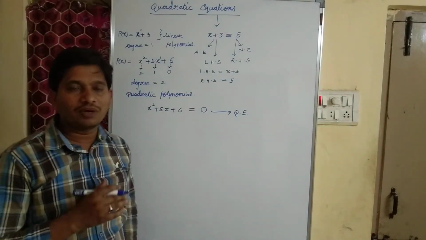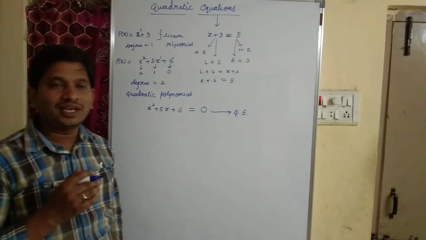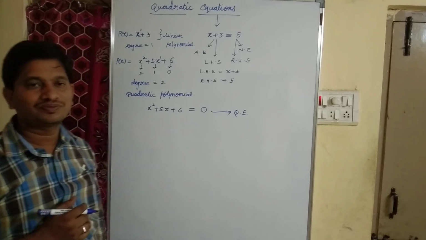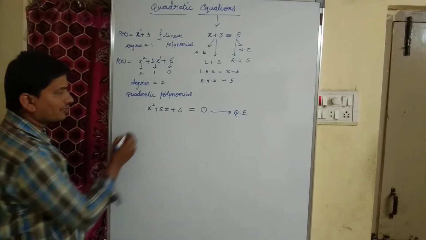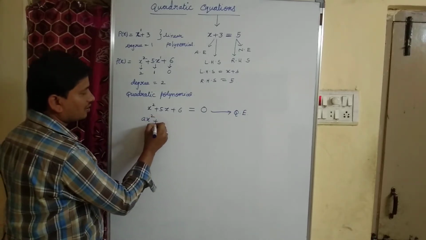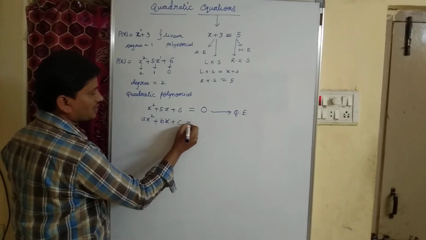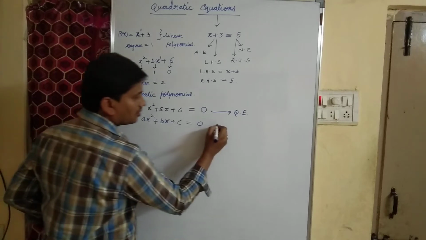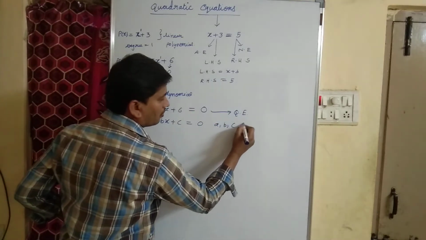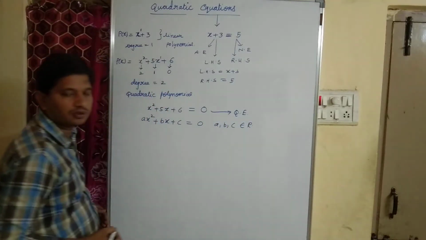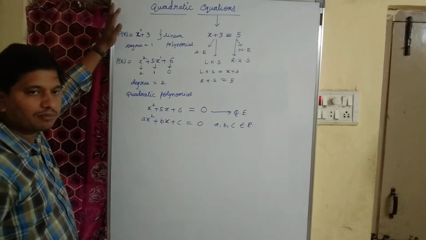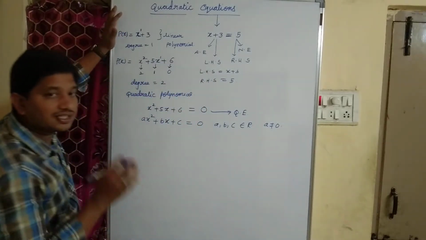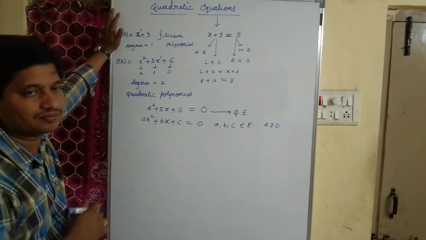An equation of the form ax square plus bx plus c equal to 0, where a, b, c belong to real numbers, where a, b, c are real numbers and a is not equal to 0, is said to be a quadratic equation.